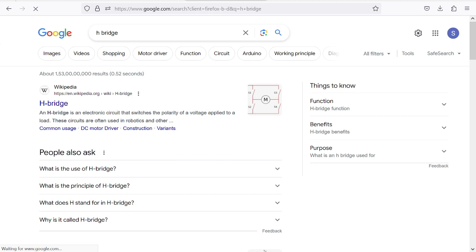So let's say this is on and this is off. We have to find the duty ratio.